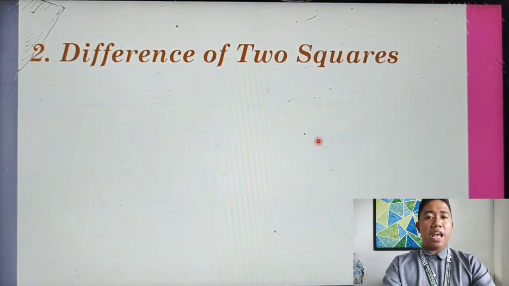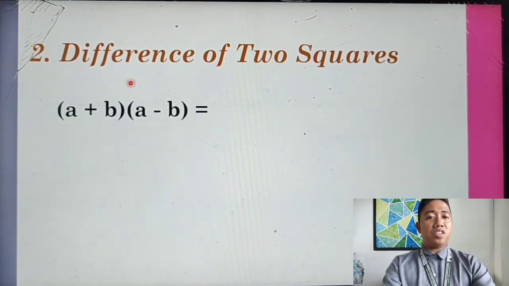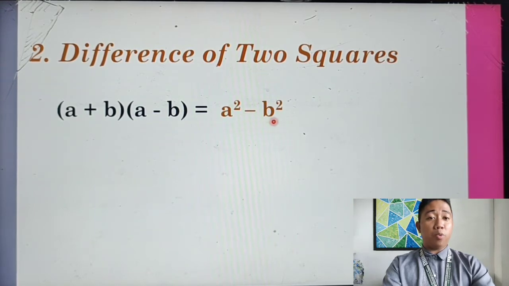Next, another special product rule is the difference of two squares. It is defined by the formula: the quantity A plus B times the quantity A minus B is equal to A squared minus B squared.